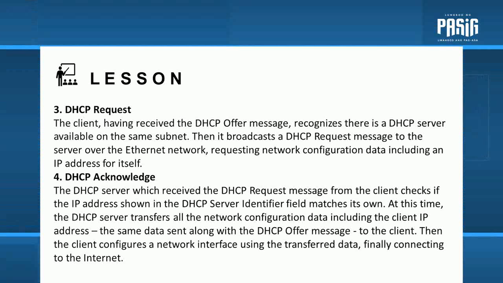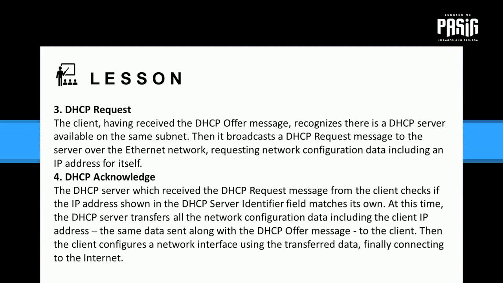The DHCP acknowledge. The DHCP server, which received the DHCP request message from the client, checks if the IP address shown in the DHCP server identifier field matches its own.